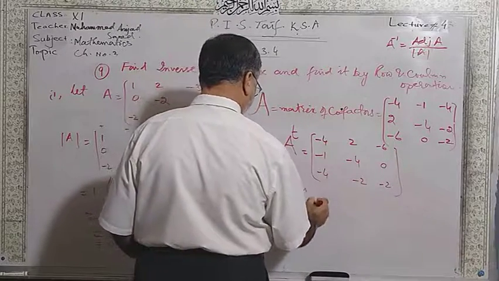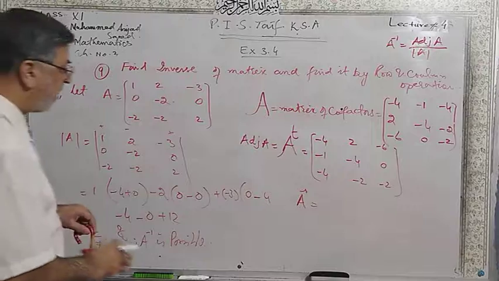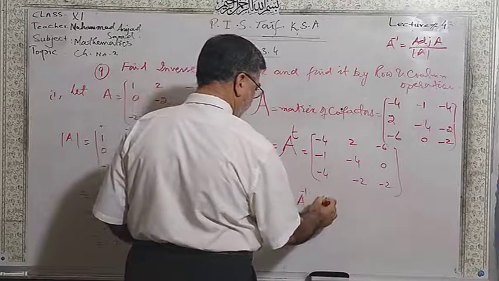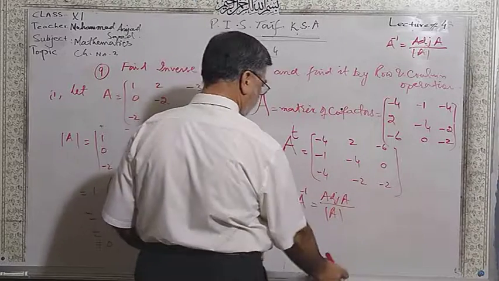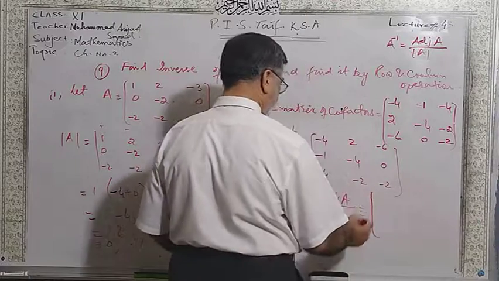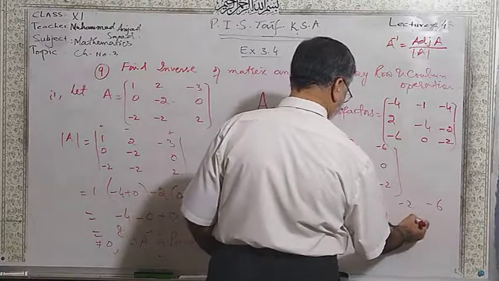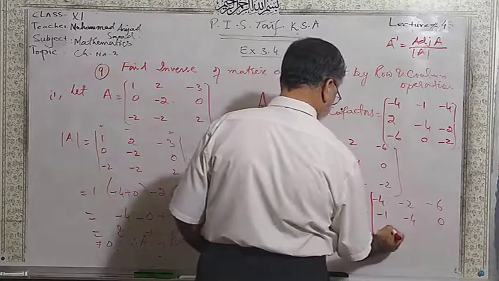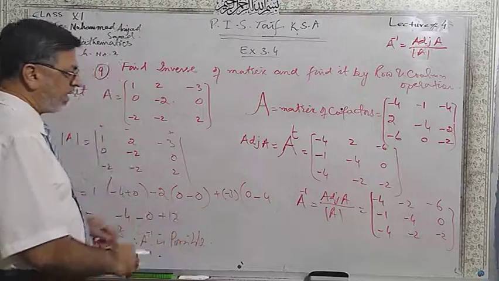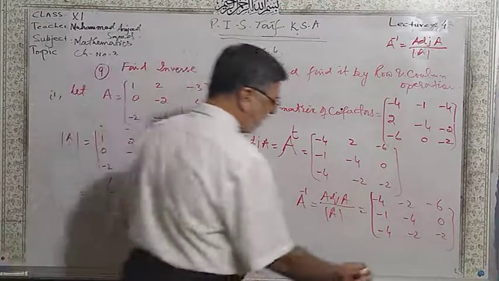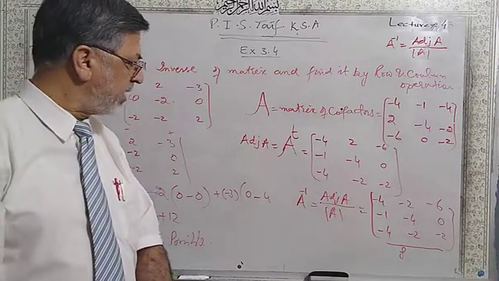You know that we will apply the formula: A inverse is equal to adjoint A over determinant of A. Here we will have minus 4, 2 and minus 6; minus 1, minus 4 and 0; minus 4, minus 2 and minus 2. After dividing by the determinant, what is our answer? We can check it.